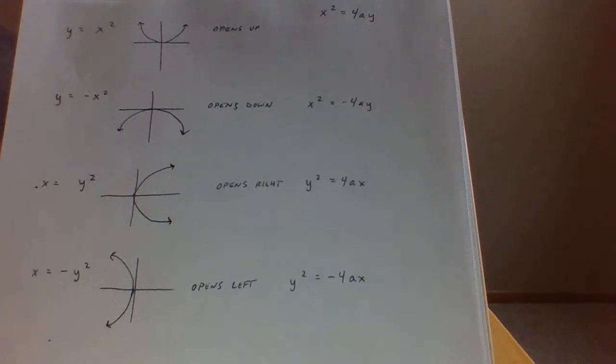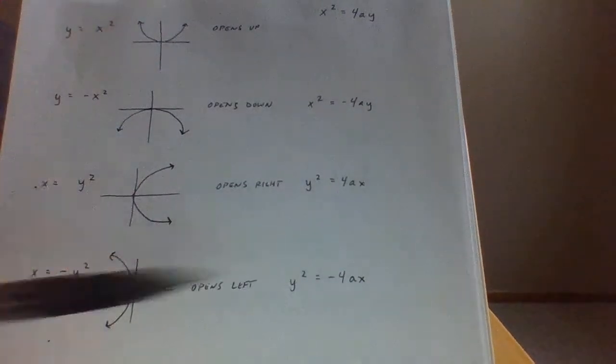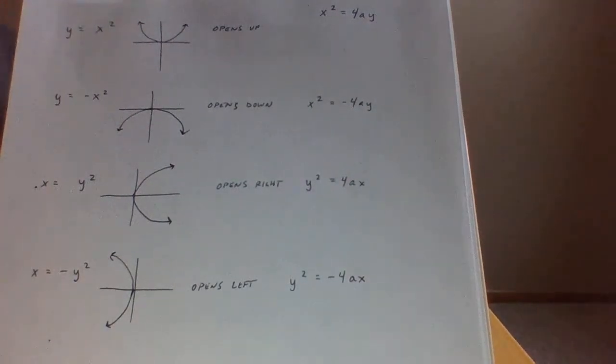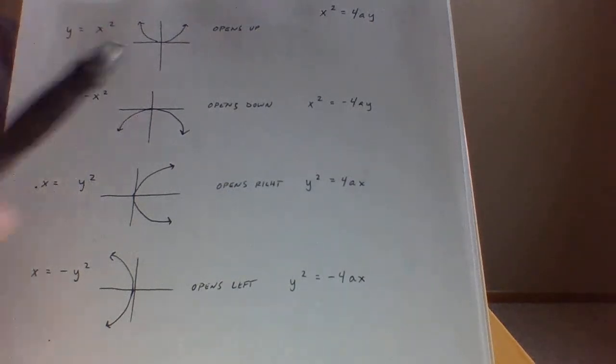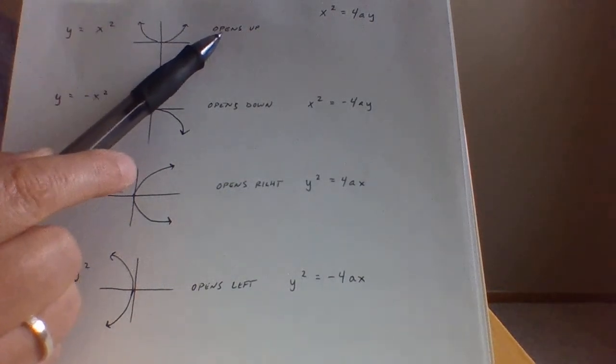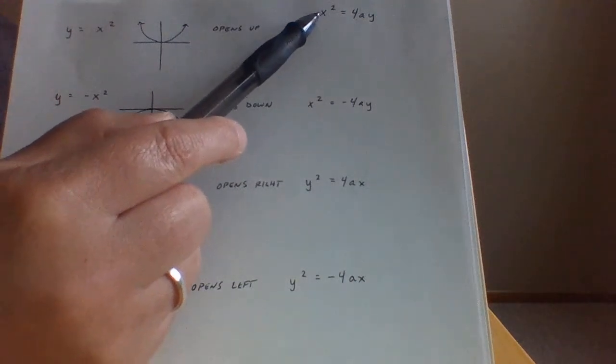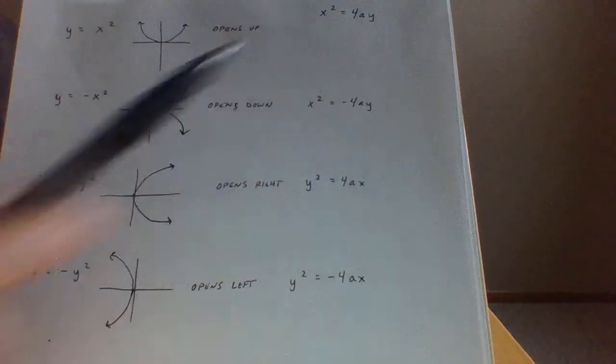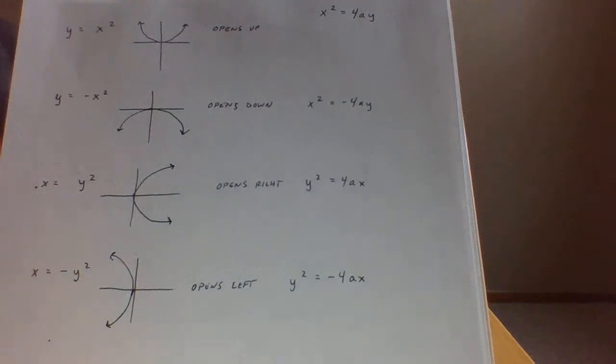Now, I went ahead and added some extra equations over here on this right-hand side that we're going to be seeing in this section. These equations that you see are assuming that we have our parabola centered where that vertex is at (0, 0). So keep in mind, if my parabola is going to open up, my general form is going to be x squared equals 4ay. Notice that's kind of the same format as this one.